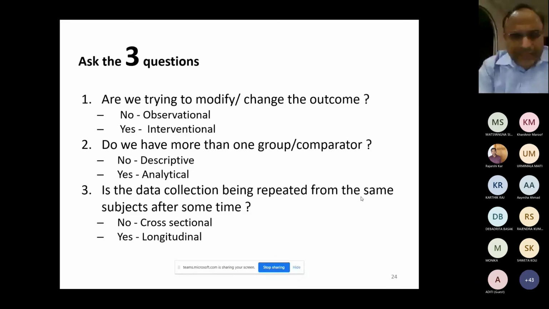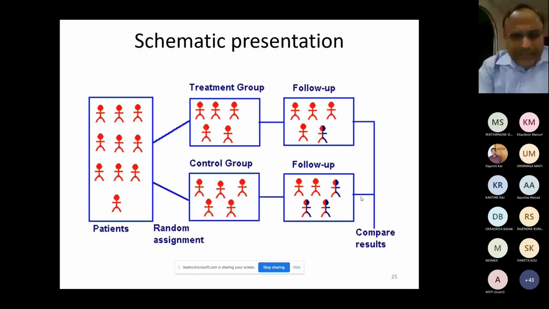So this is a classical presentation. So we have group of patients where one group we administer any treatment and the other group we do not administer treatment or administer inert treatment like placebo or administer any other treatment. Suppose you are comparing two antihypertensives. So you can have two different treatment groups.